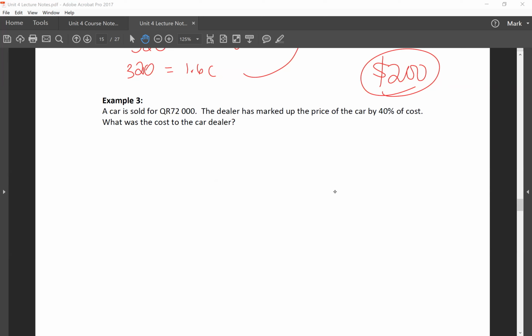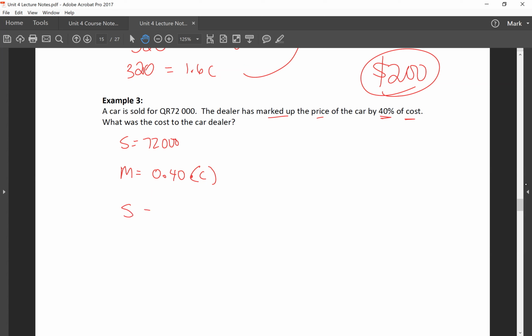Okay, so my selling price is 72,000. The dealer has marked up the price of the car by 40% of the cost. So my markup is 40% of the cost. So 40% times C. The problem is I don't know C, but I have enough information to solve this formula.